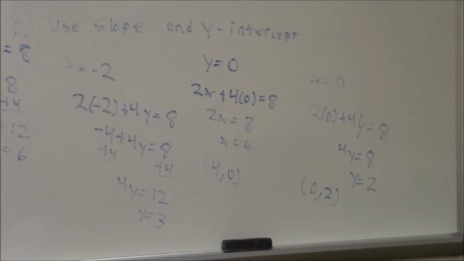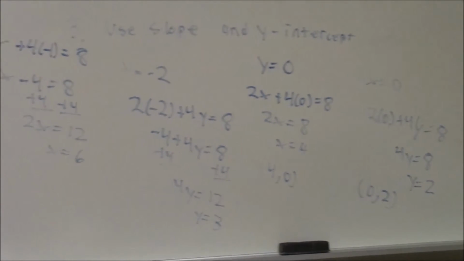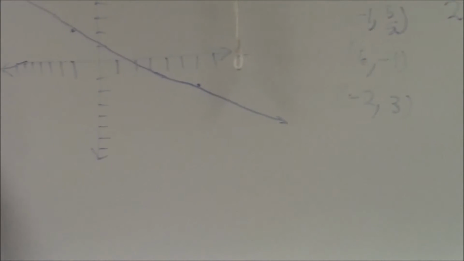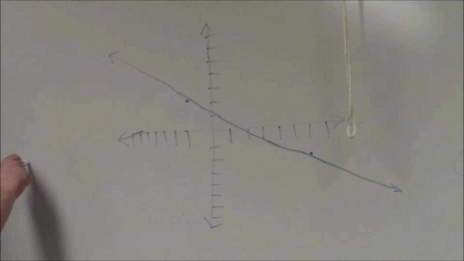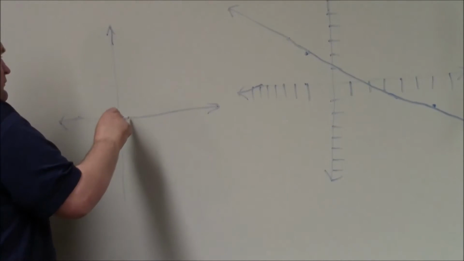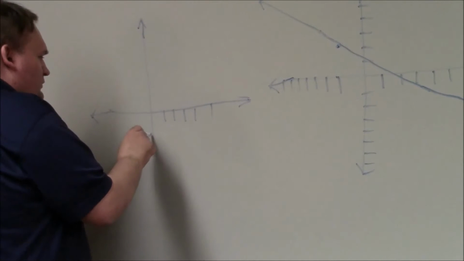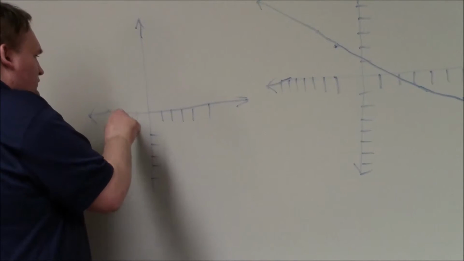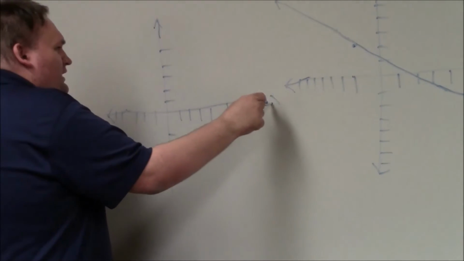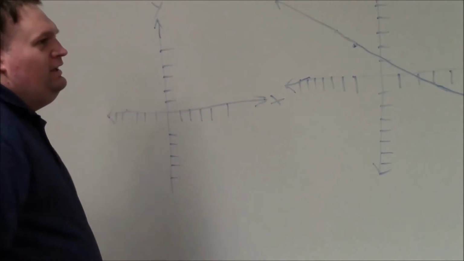Now, I'm just going to pick another point. I would plug in 1, but I'm just going to use the (-2, 3). And we're going to graph that one. So on here, it should be the same graph. I mark 1, 2, 3, 4, 5 on the x and y axes.